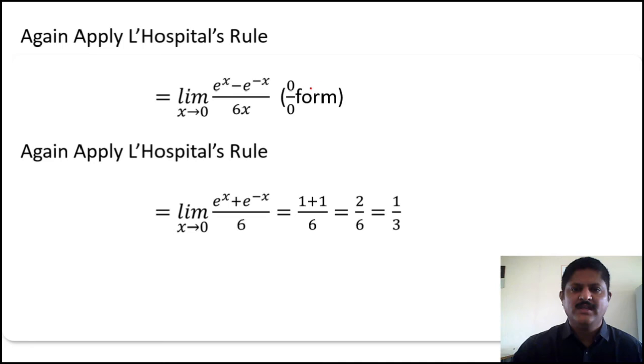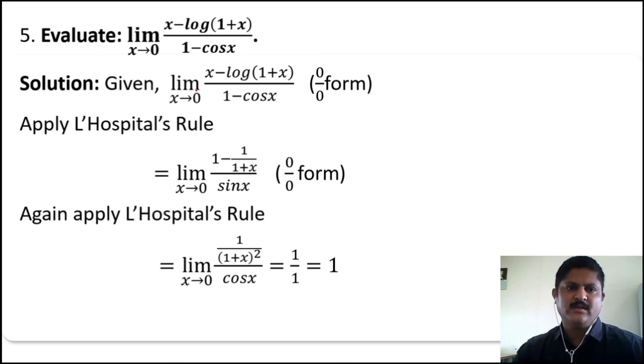Again apply L'Hospital's rule, limit of x tends to 0, the differentiation of e power x is e power x, and e power minus x gives plus e power minus x. Substitute x tends to 0: e power 0 is 1 plus e power minus 0 also 1, divided by 6, 1 plus 1 is 2, 2 by 6 is 1 by 3. This is the required answer.